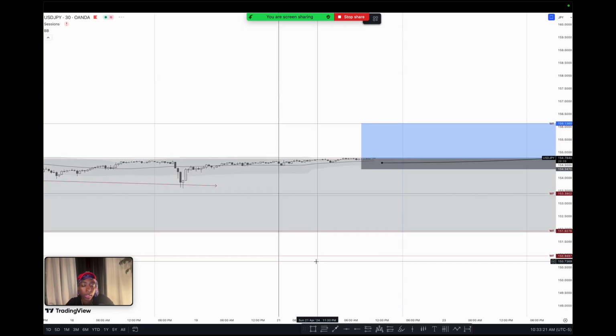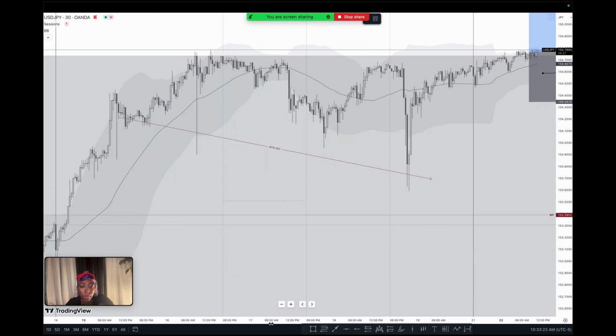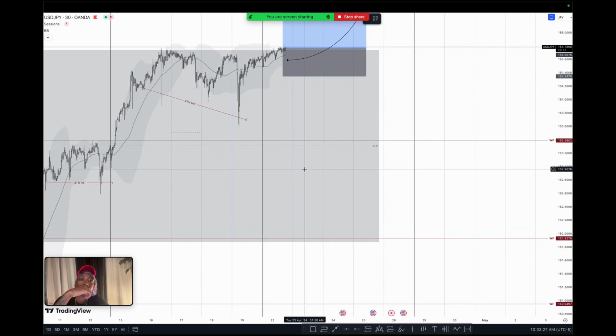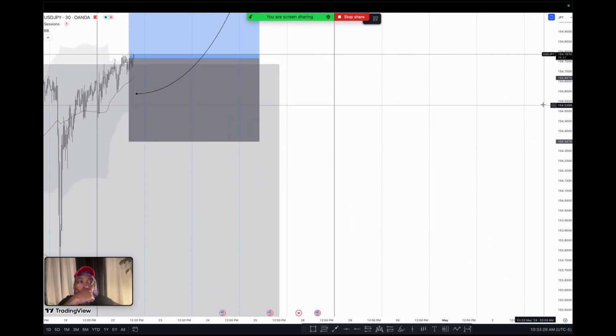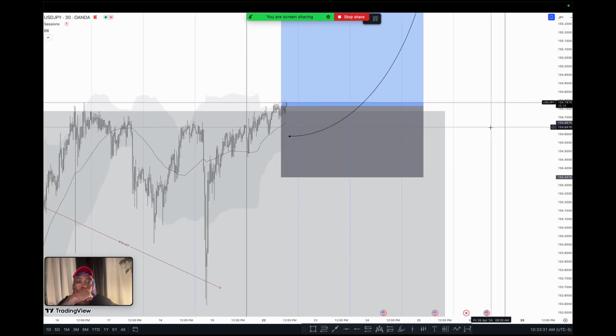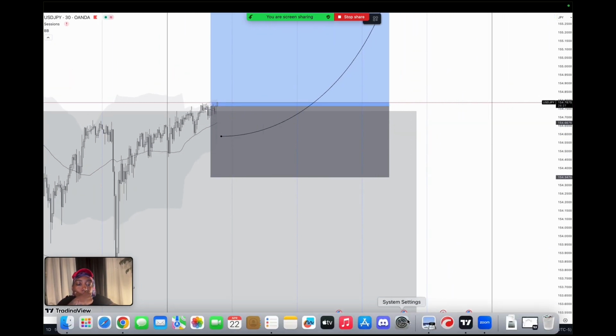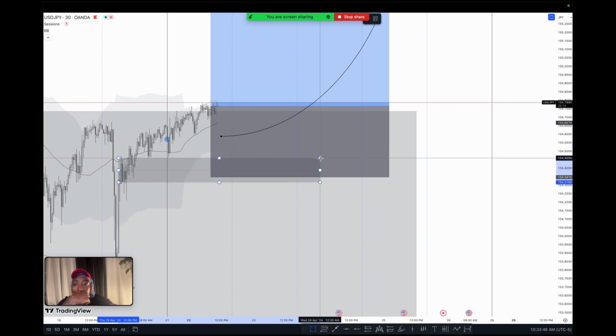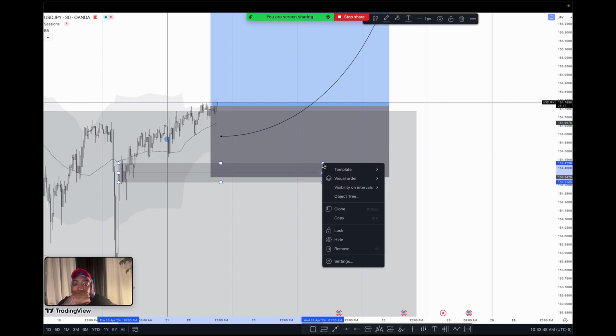Let's go back to the 30. Okay. So this is the daily open. So usually you want to buy below the daily open. It kind of already went down. Let's see another point of interest.